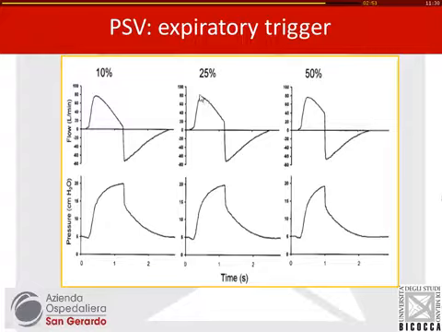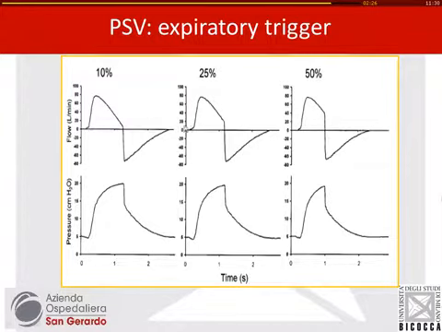The ventilator looks at the peak in the inspiratory flow, and then the flow will decrease for many reasons. And when you get to a given threshold, in this case 25%, the ventilator says, okay, this is it for inspiration, I'll allow my patient to expire.